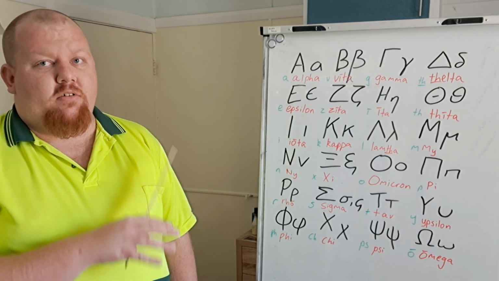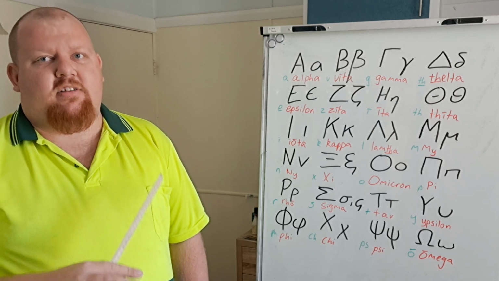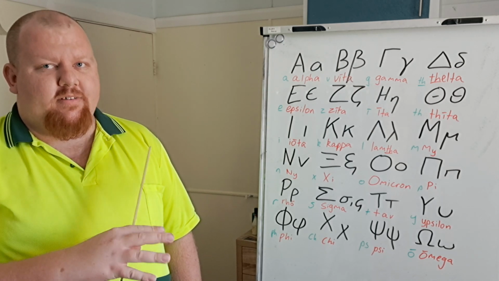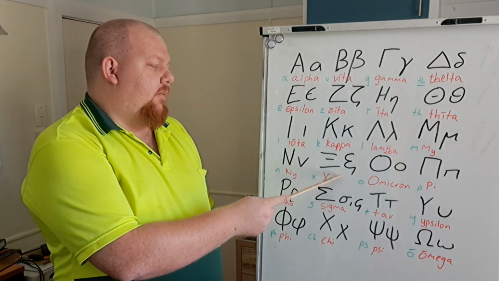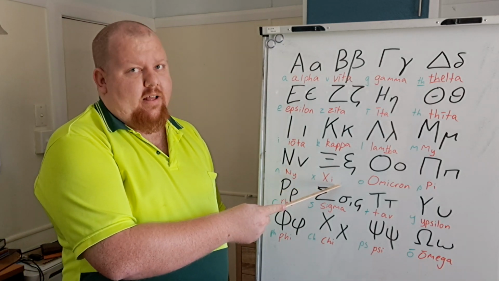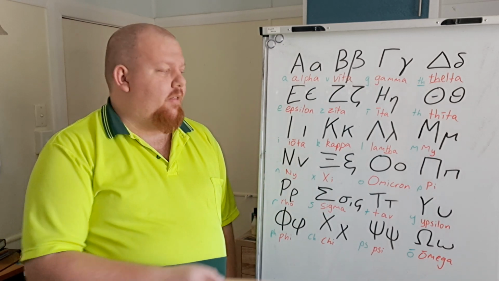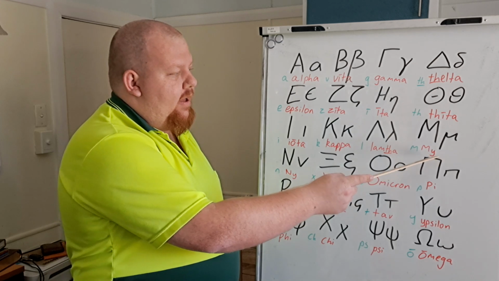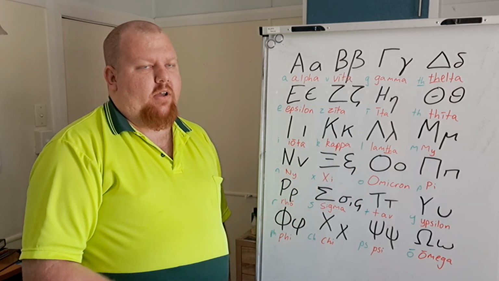So it doesn't matter whether it's the beginning of a word or in the middle of the word, it's always pronounced x. So you got xi. Now notice the transliteration is xi. That's because the way that it's written in Greek is xi iota rather than xi epsilon, like mu epsilon or nu epsilon for mu and nu. Okay.